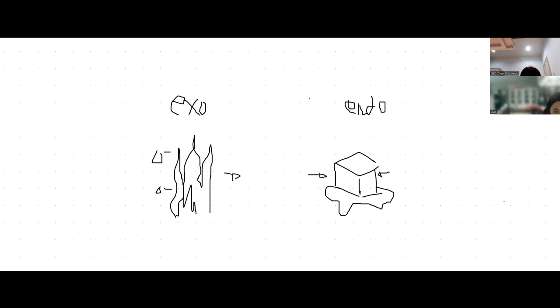And there are some factors that affect the rate of reaction. First of all is the surface area. For example, limestone or carbonate.